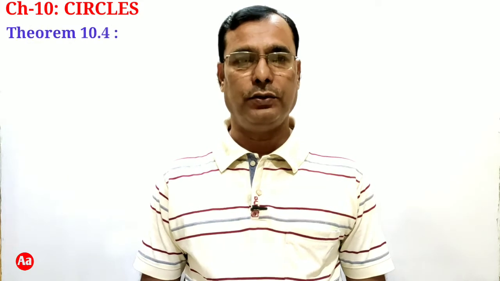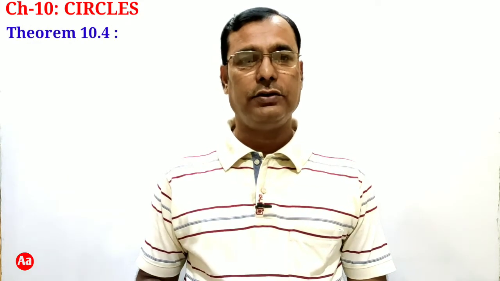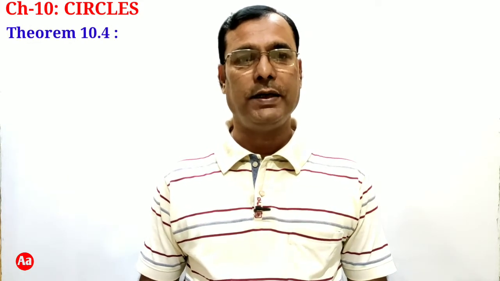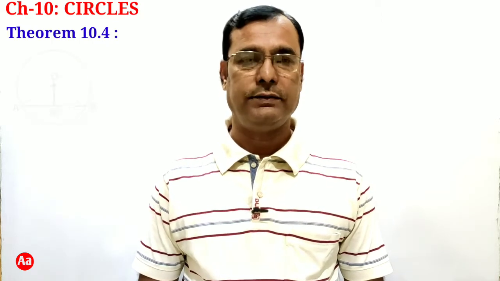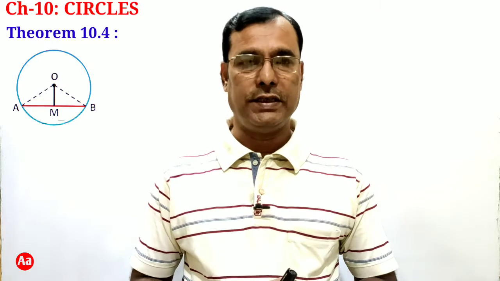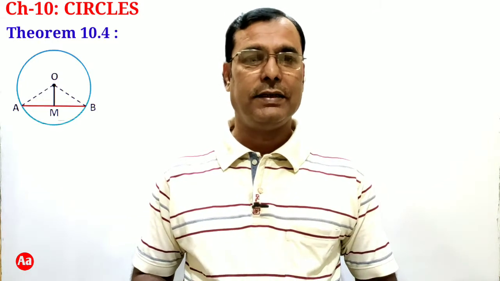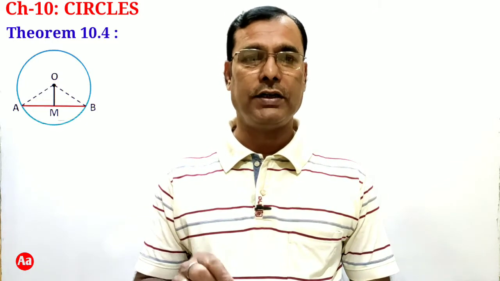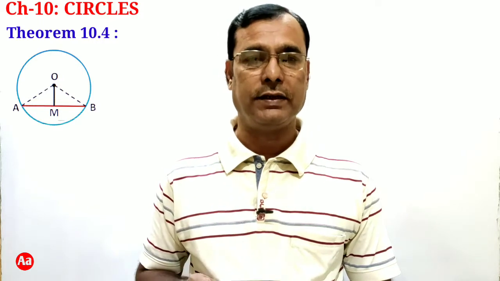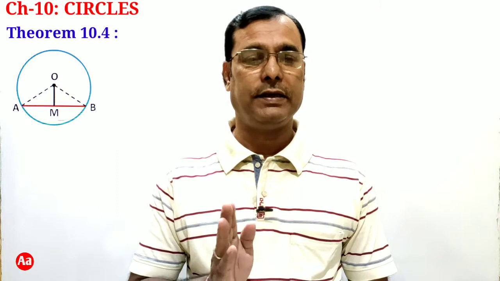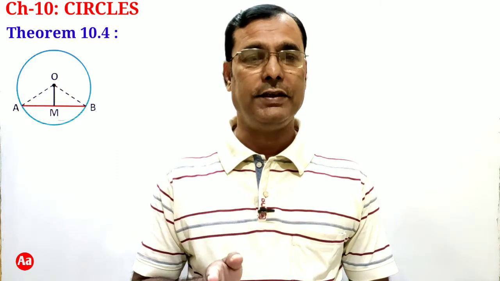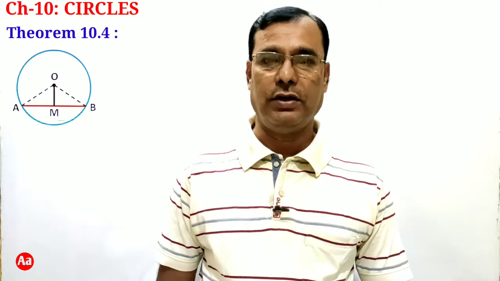Theorem 10.4. The line drawn through the center of a circle to bisect a chord is perpendicular to the chord. We are going to prove this theorem, which says that if midpoint of a chord is joined to the center, this line joining the midpoint of a chord to the center is perpendicular to the chord.